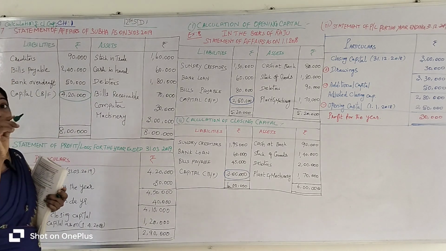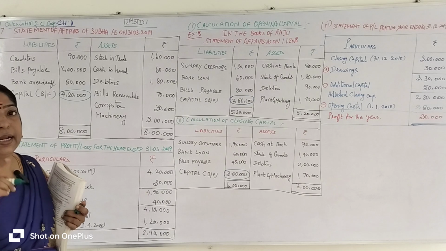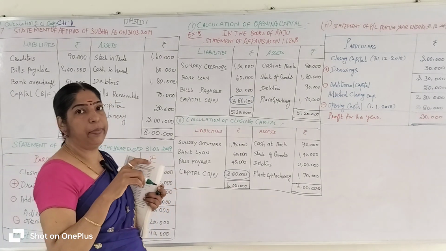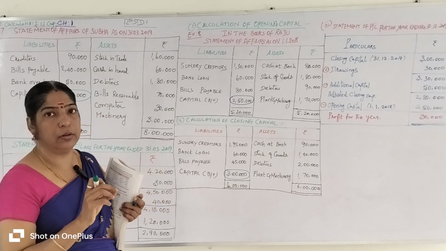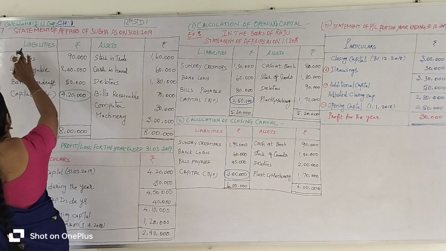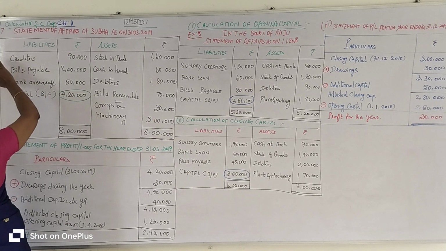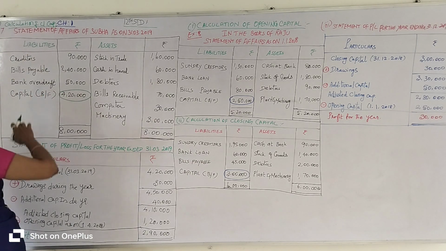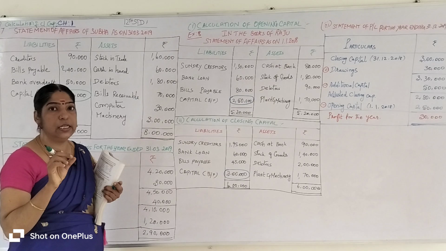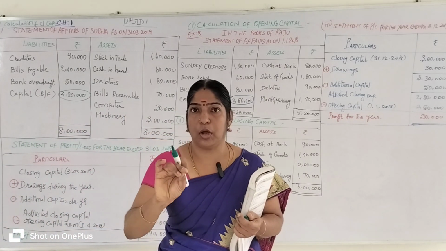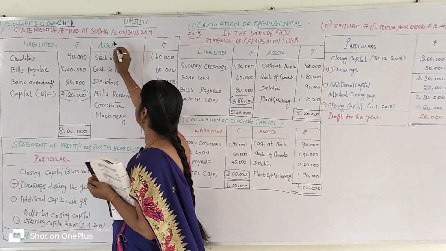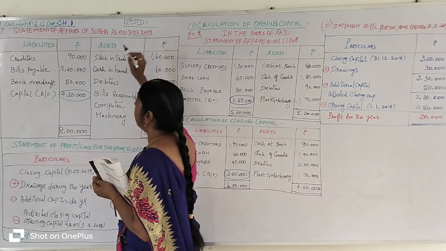You are going to write the heading: calculation of closing capital. The heading is statement of affairs. Whose books? In the books of Subha. In the books of Subha, the statement of affairs is prepared as on which date?